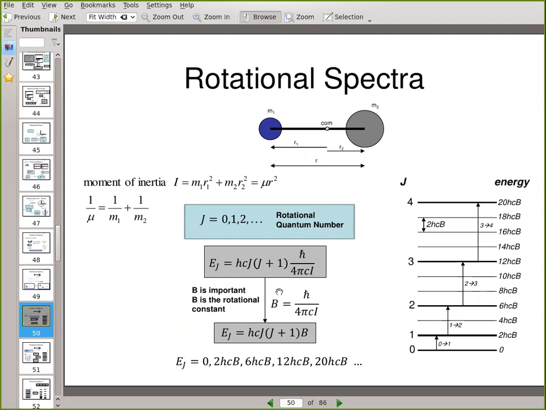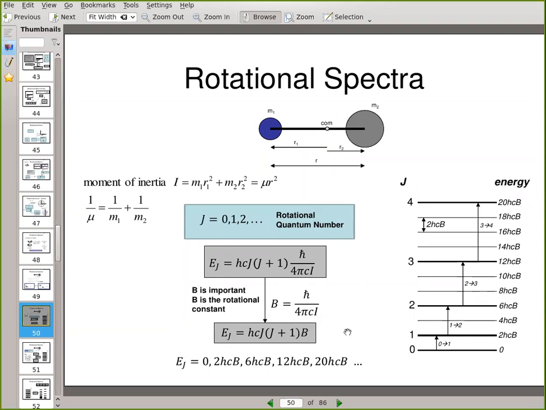Okay, so the rotational constant B is given by this expression, which means that if we put B over here in the expression for energy, we can see what the energy levels are.